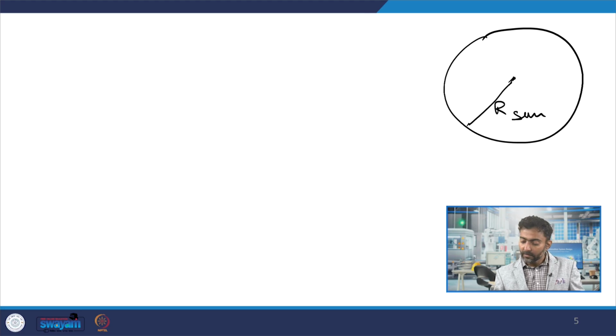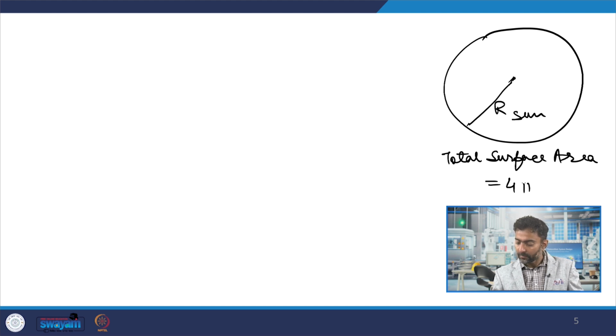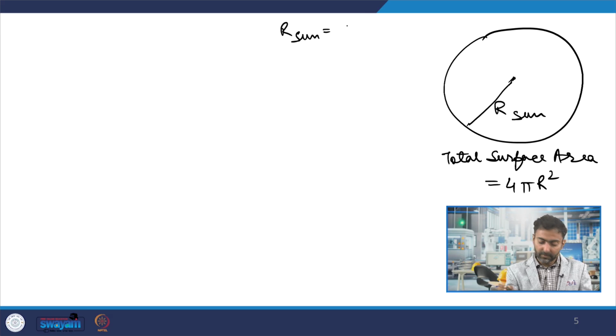Now for a sphere, we know that the total surface area is equal to nothing but 4 pi r square, and the radius of the sun, as has been estimated by astronomers, is around 695 million meters. So 695 into 10 to the power 6 meters.